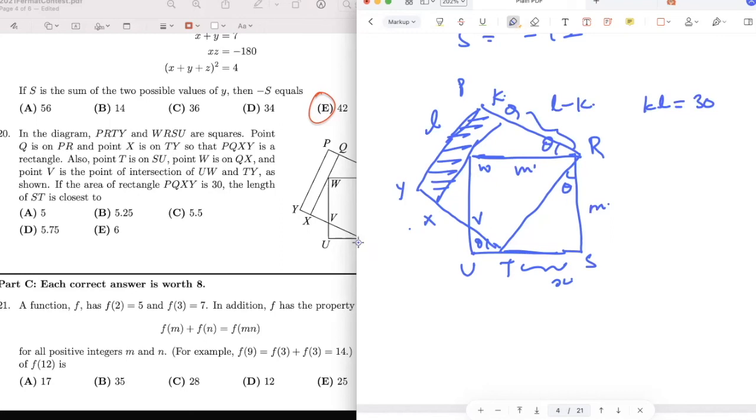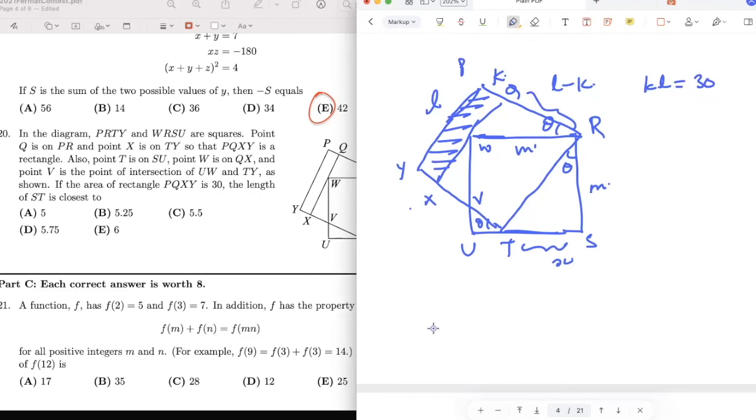Okay, so we can see that triangle WRQ is similar to TRS, right? Because angle W and angle T are 90 minus theta, angle R and angle R are theta each, and angle Q and angle S are 90 degrees.